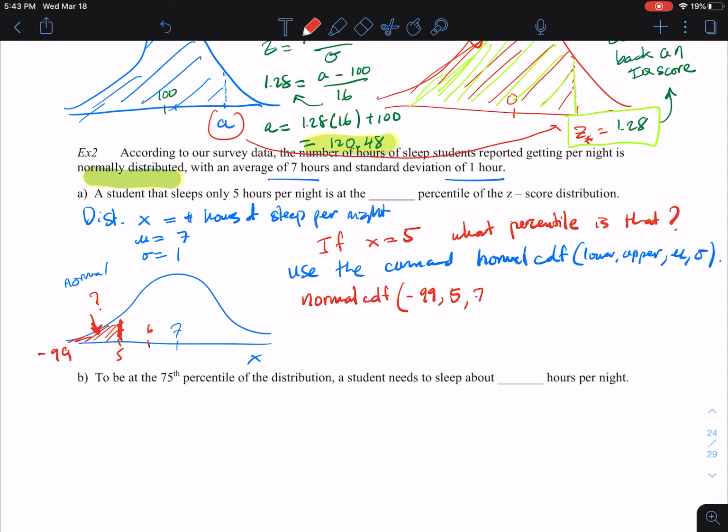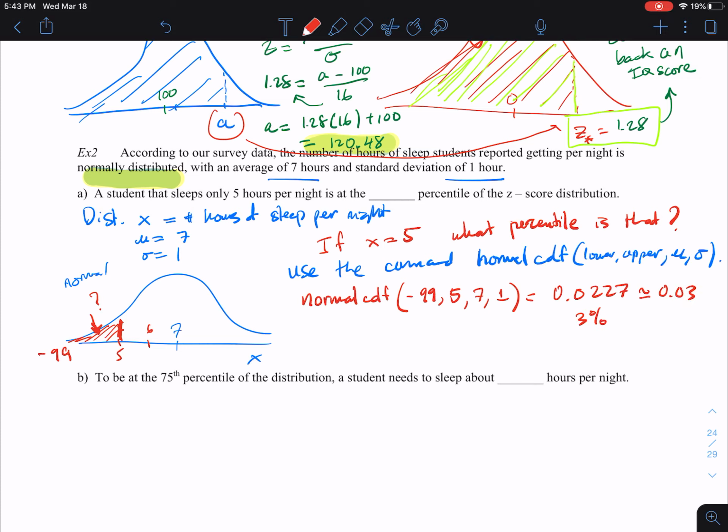The mean is 7. Standard deviation is 1. If we type this into your calculator, it will give us the area to the left of phi, and that is 0.0227. That's about 0.03 or 3%.